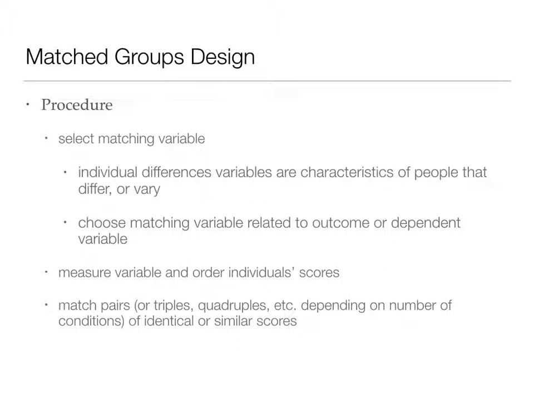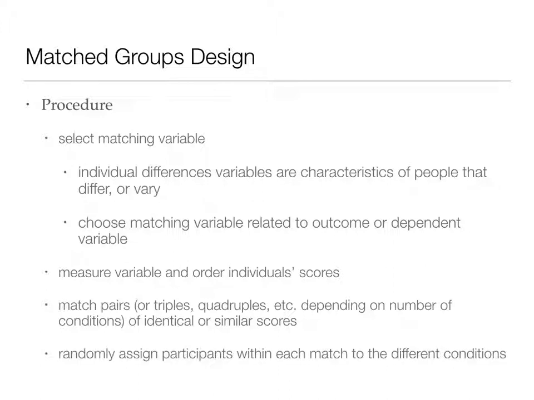So your tallest people are 6'1", 6'1", and 6 foot. Those are the 3 tallest people. Well, those 3 people will be a match, right? And within that match of our 6'1", our 6'1", and our 6 foot, we're going to randomly assign those participants in that match to one of the 3 conditions.